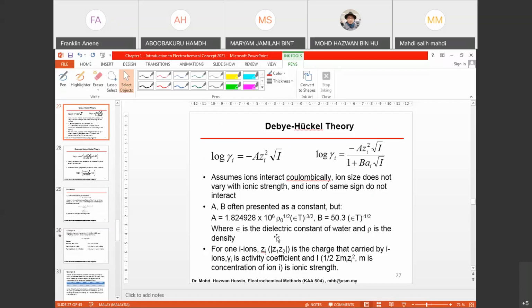This one is for one type of species. If you have two, like the other one on your right, this is if you have two species of active compound that produce charge.